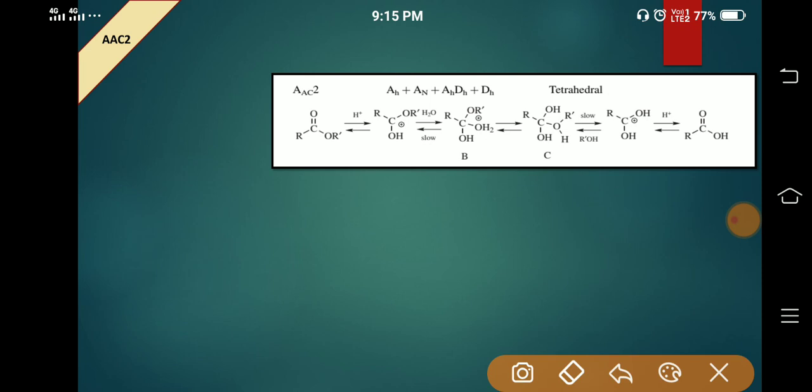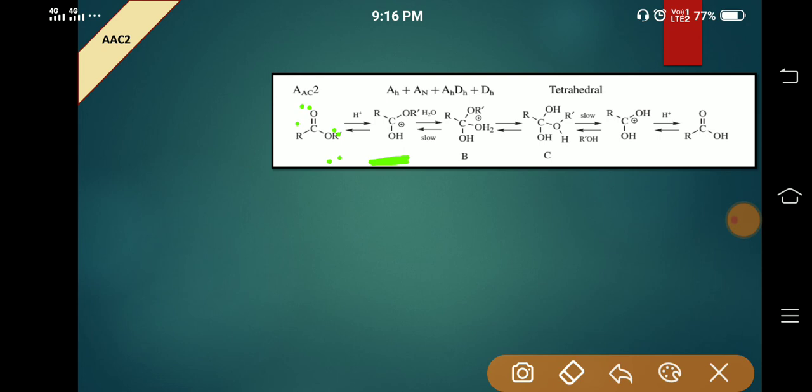so the first step according to IUPAC nomenclature is AH, that is association of proton. Now association of proton takes place at any of the oxygen atoms, that will lead to the generation of carbocation here.